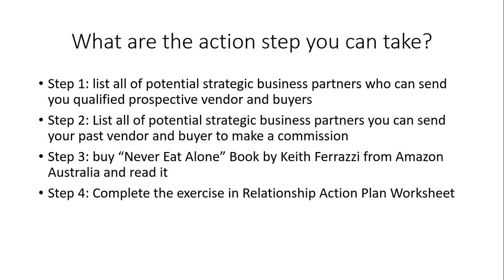And step 3, buy the book Never Eat Alone by Keith Ferrazzi from Amazon Australia and read it. This book is so important. It will teach you how to network, and it gives you a strategy to network, not just a bunch of information.